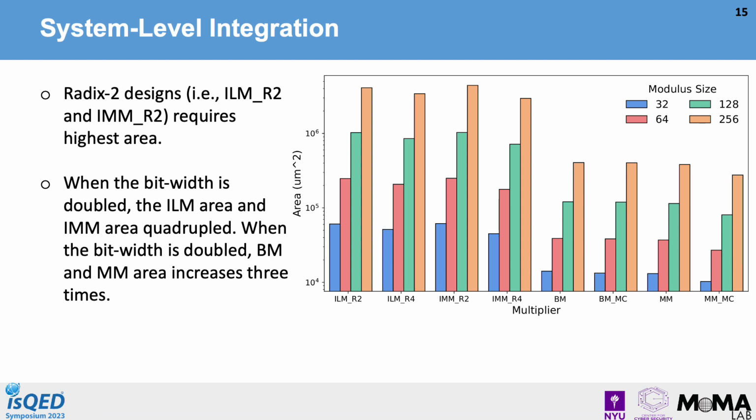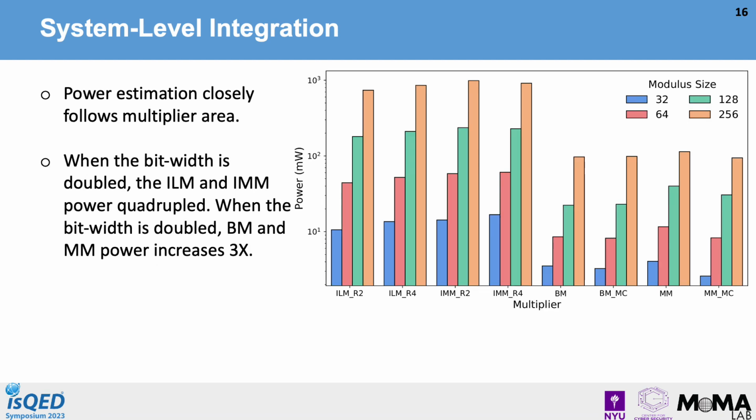Because to achieve initiation interval of 1 or speed, Radix 2 requires to instantiate more modules which increase its area. When the bit width doubles, bit serial design area quadruples, which is ILM and IIM area. When bit width doubles, bit parallel design increases area 3 times.